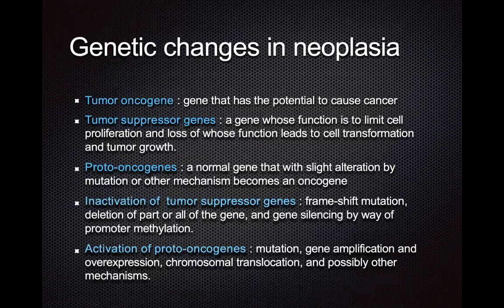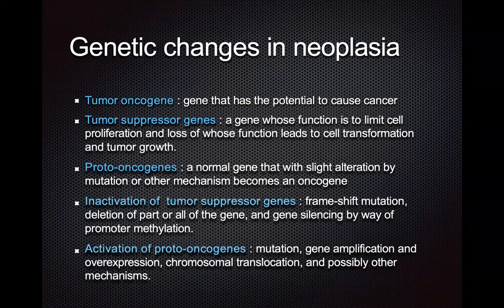So, for genetic changes in neoplasia, you need to be familiar with these terminologies. What is an oncogene? An oncogene is a gene that has the potential to cause cancer, while a tumor suppressor gene is a gene whose function is to limit cell proliferation, and loss of whose function leads to cell transformation and tumor growth.